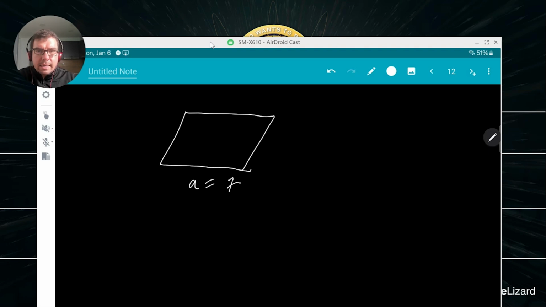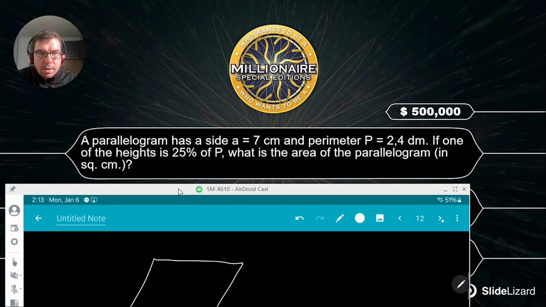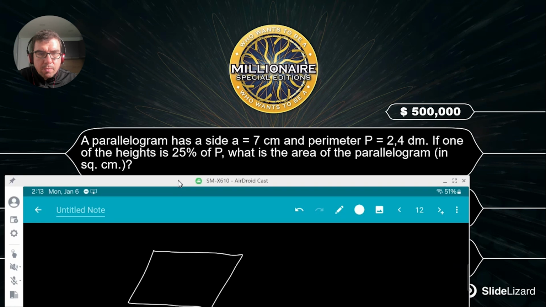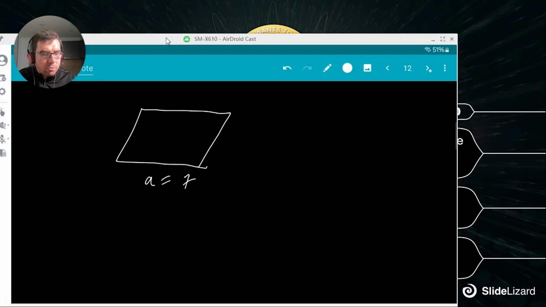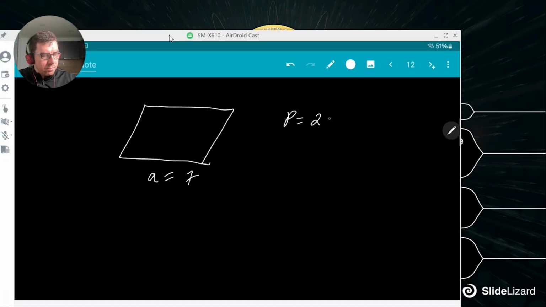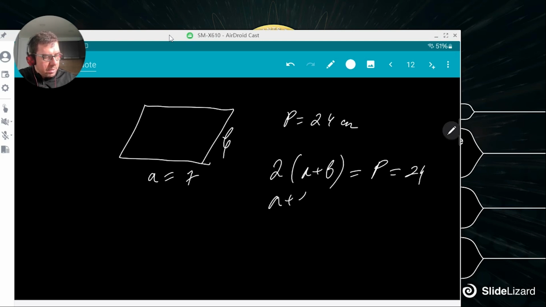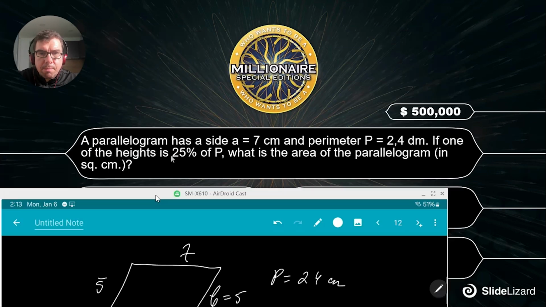This side is 7 and the perimeter is 2.4 decimeters, which is the same as 24 centimeters. And I can find the other side, B. So 2 times (A plus B) equals P, which is 24. A plus B equals 12, right? B equals 5. 5 centimeters. This is also 5 and this is also 7.